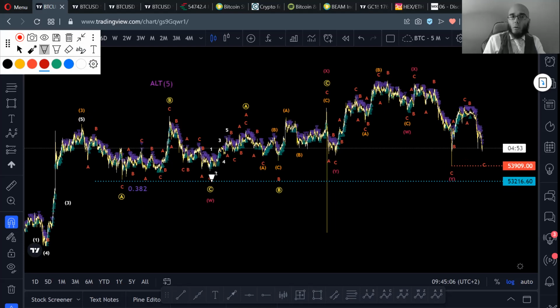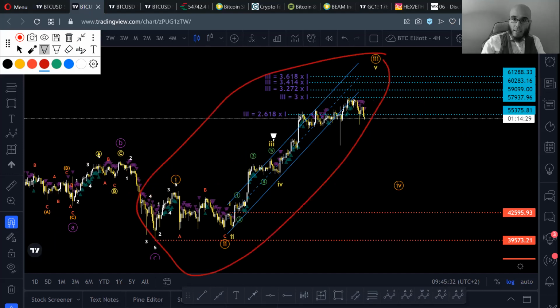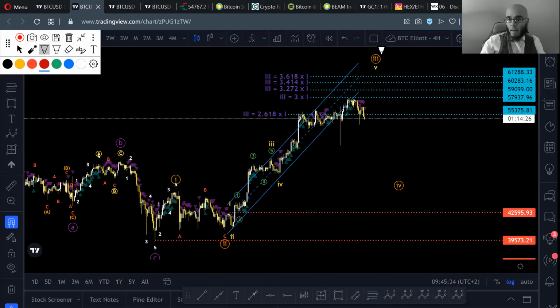But we still know a couple of things. We still know that it's a sideways correction, and we still know that it should stay higher than the 0.382 fib retracement. So that's things we know with a high degree of certainty. And we also know that we are in an impulse wave, and that the impulse wave should subdivide into 5 waves of 3, and that we are still looking to accomplish the last 5th wave.